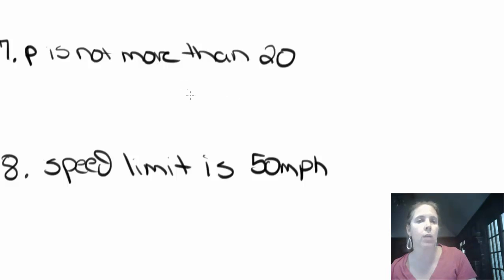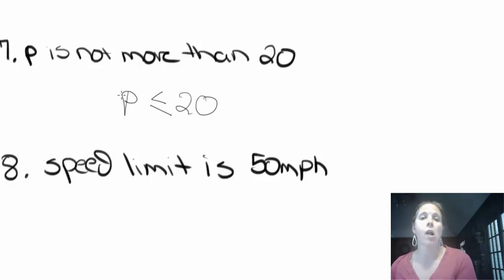So it can't be 21, but it can be 20. 20 is not more than 20. So it can be 20 and it can be less than 20. Okay, sometimes it's easier to write it out and go back and plug it in. P is not more than 20. So can it be 21? No, but it can be 20, 19, 18, all those.